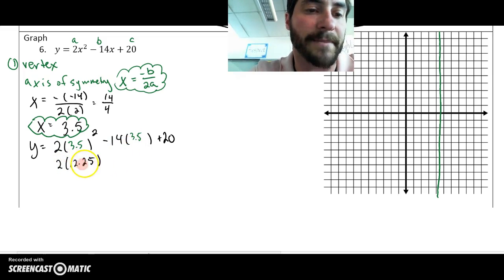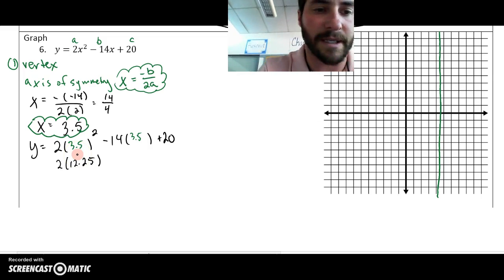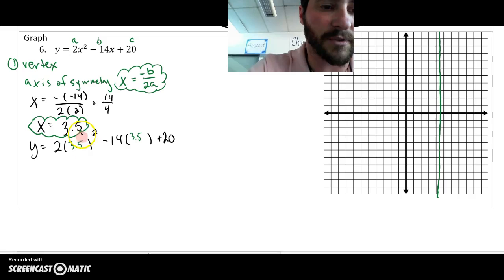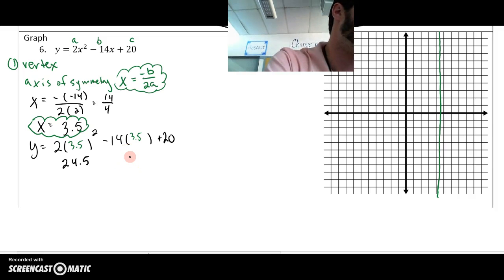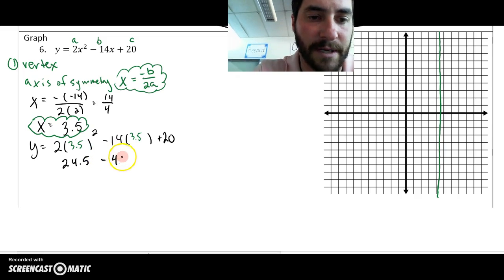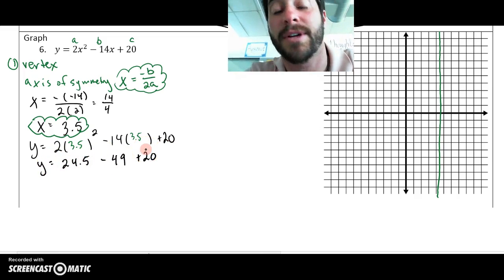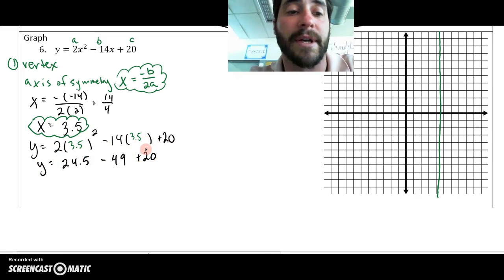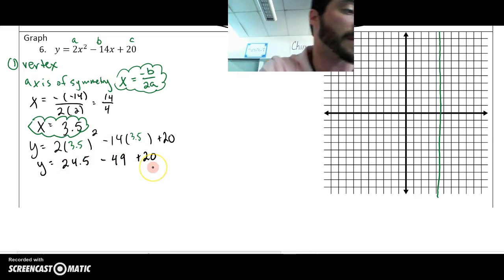Then 2 times 12.25 is 24.5. Negative 14 times 3.5 is negative 49, plus 20. Simplify. All of these are like terms, they're all constants, so I'm just going to add them all together: 24.5 minus 49 plus 20.